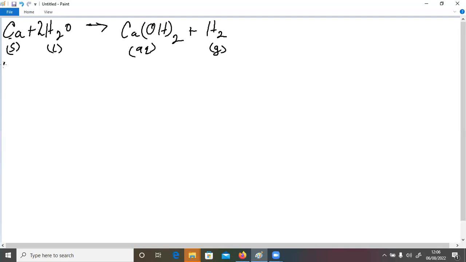So this tells me that 1 mole of calcium reacts with 2 moles of water to give 1 mole of calcium hydroxide and 1 mole of hydrogen gas. All right, so again, the implication is just as we said.